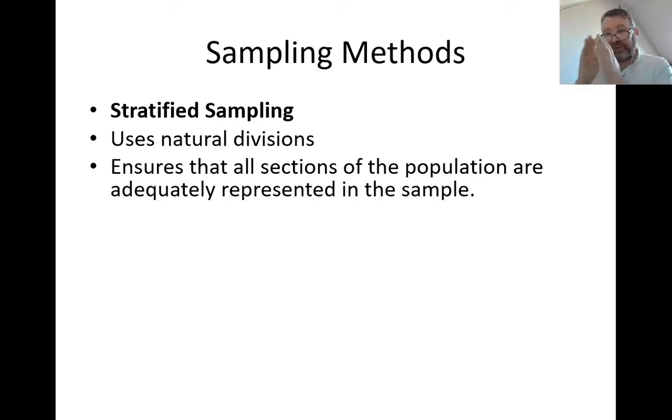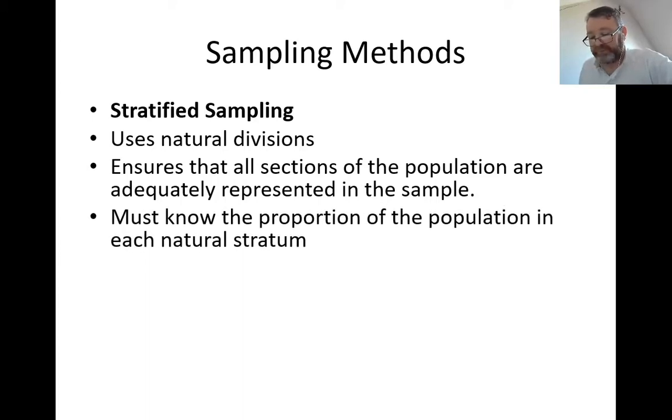So you can see straight away that within a given population, there are a number of strands that need to be represented in my sample. And if I start to do that and start to stratify, then I can guarantee that the sample I'm choosing will be very, very similar to the overall population. Okay, so by stratifying your sampling, you're ensuring that all sections of the population are adequately represented in the sample.